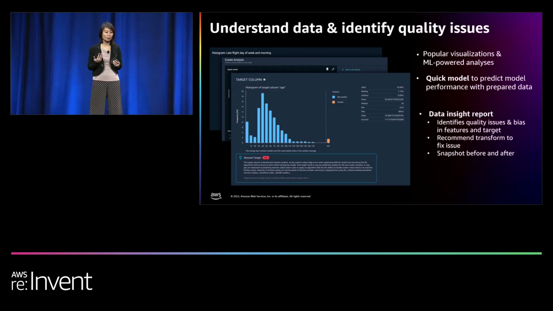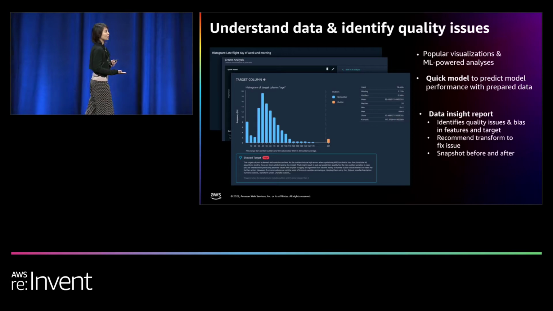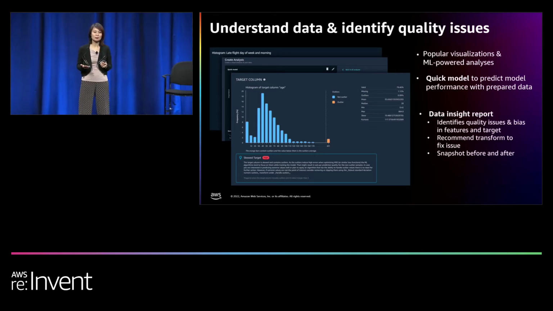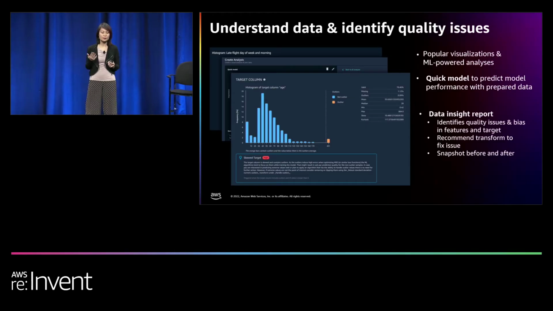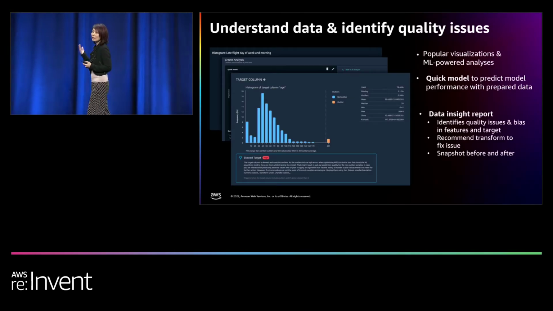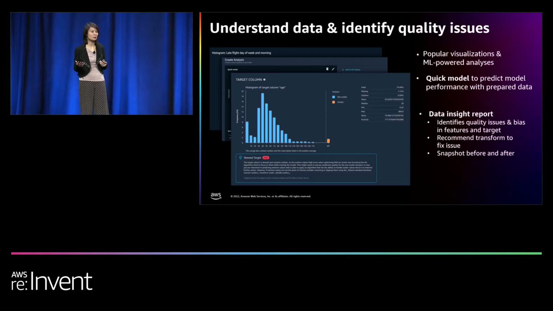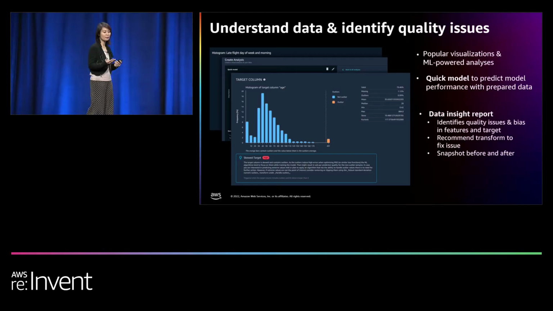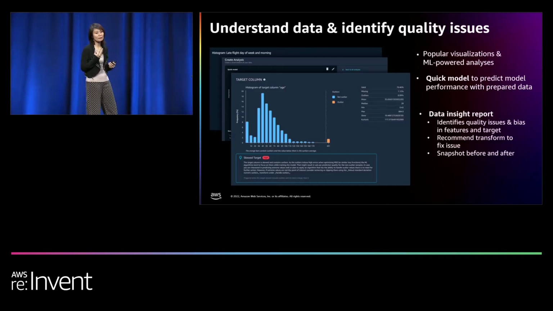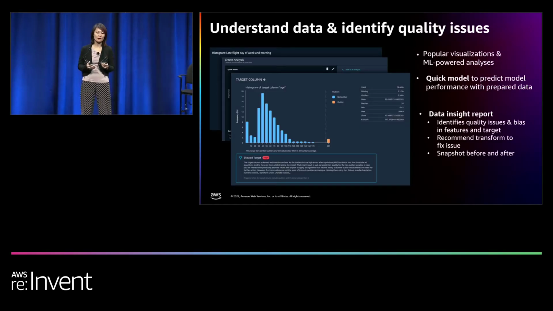It also includes the Quick Model insight as well. The thing that our customers really like about this report is that it's very actionable. It will also recommend the transforms that you can use in Data Wrangler to fix the issue. You can then also use this as a snapshot before and then at the end of the transformation process to identify any other issues or validate that this is going to be high-quality data.